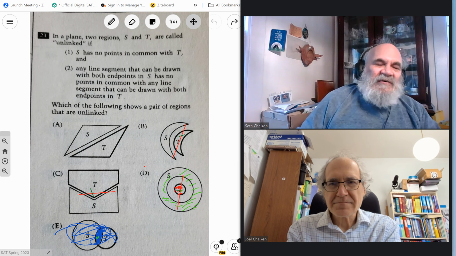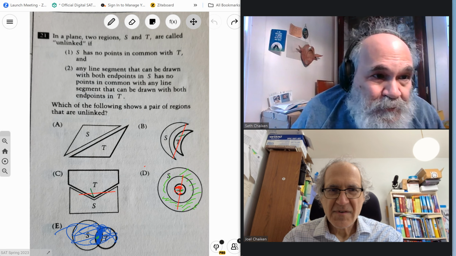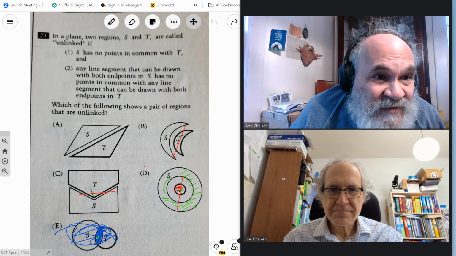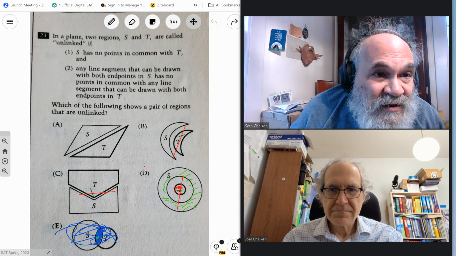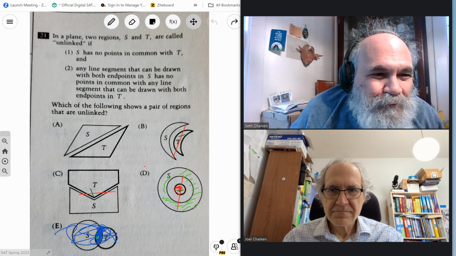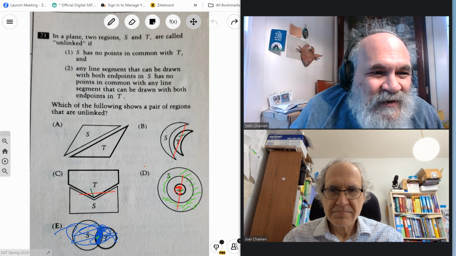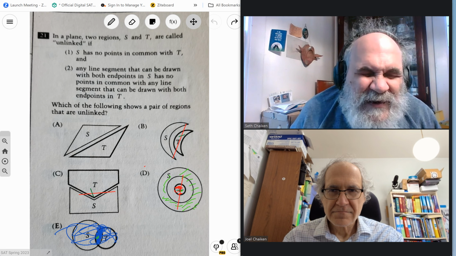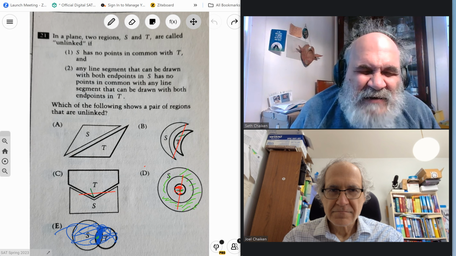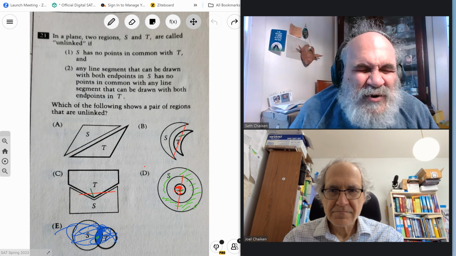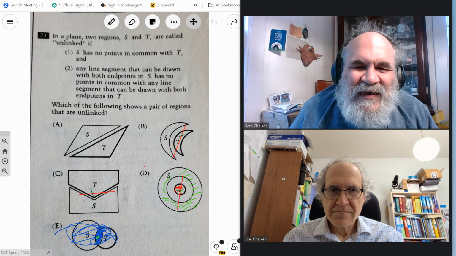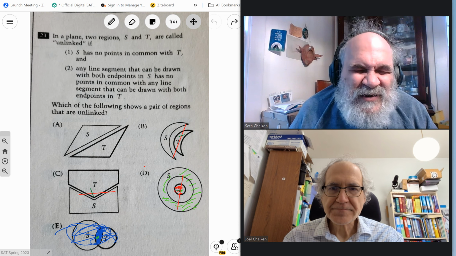However, that's not good enough for a mathematician. Because a mathematician wants to treat this by proving that there's no way you could have a line segment with both endpoints in S and a line segment with both endpoints in T where they meet.